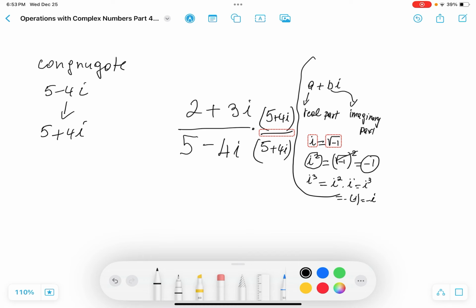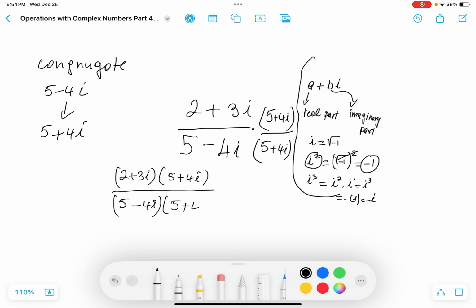Now, when we multiply, the numerator will be 2 plus 3i times 5 plus 4i, over 5 minus 4i times 5 plus 4i.